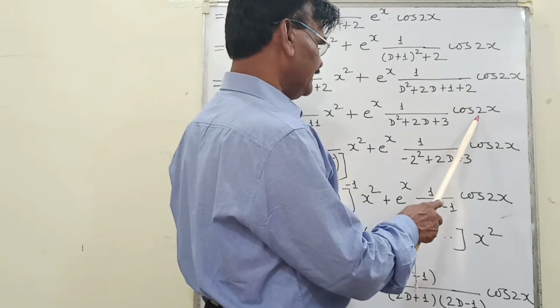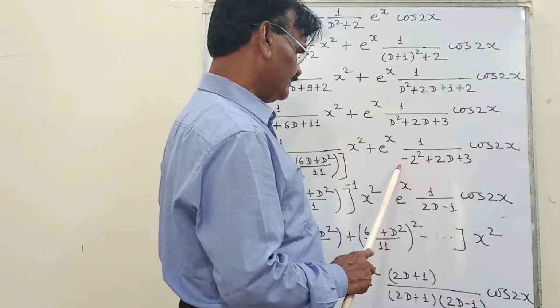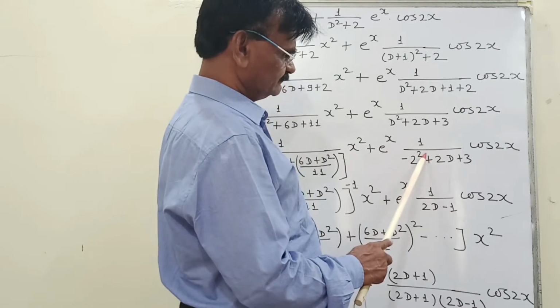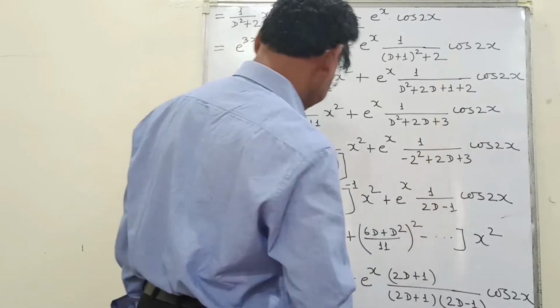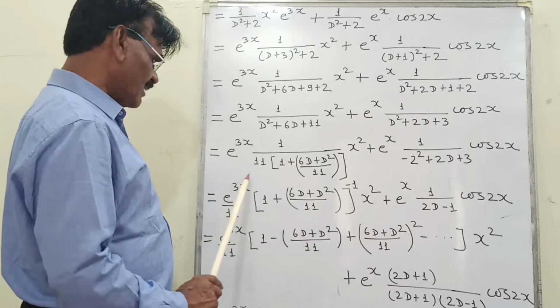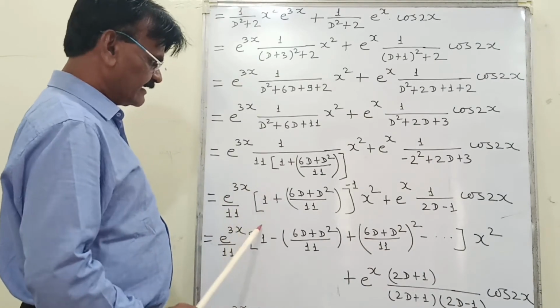So the value of a is 2, so here minus 2 square cos 2x, which is equal to e to the power 3x divided by 11 in bracket.